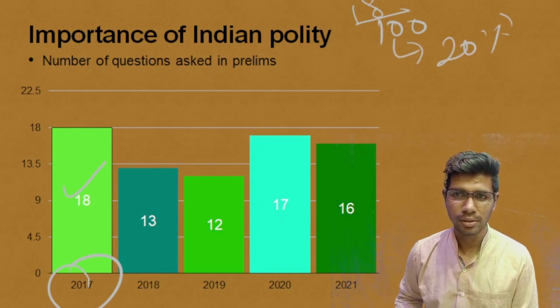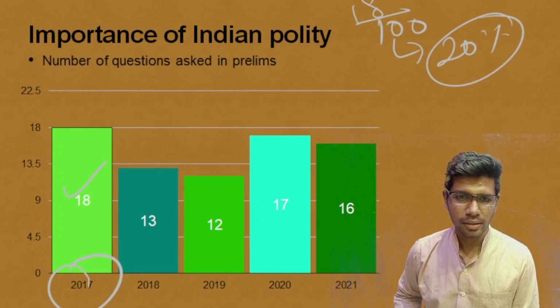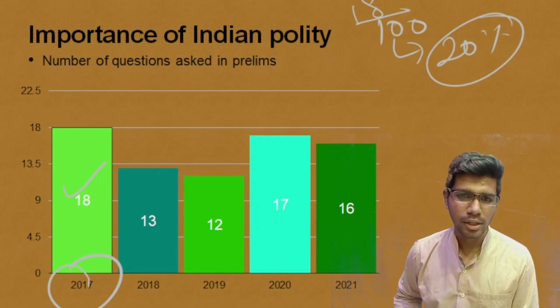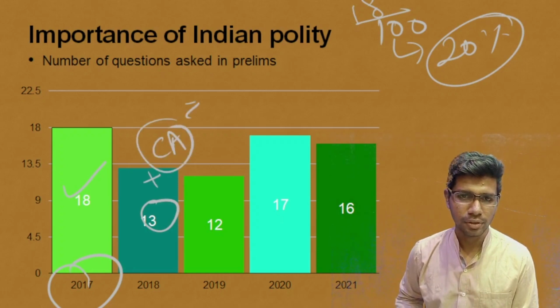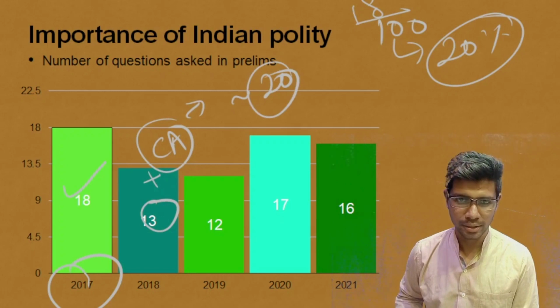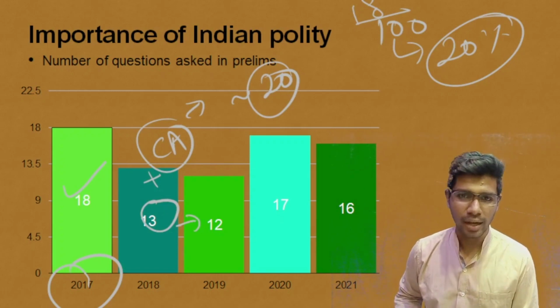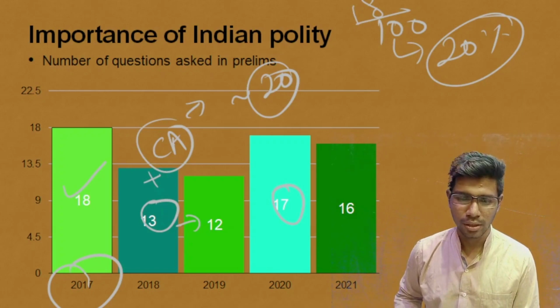In the next year we see a slight downfall in the number of questions, but this is core polity, and if we include the current affairs, it again comes to around 20 that we have predicted. In 2019 it was a similar trend, and in 2020 we see a very high spike of 17 questions out of the 100.